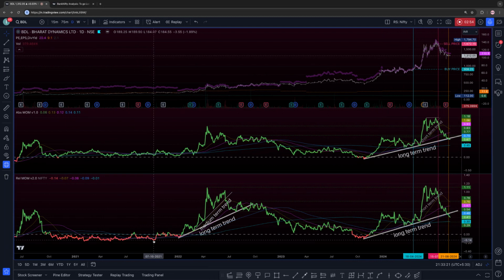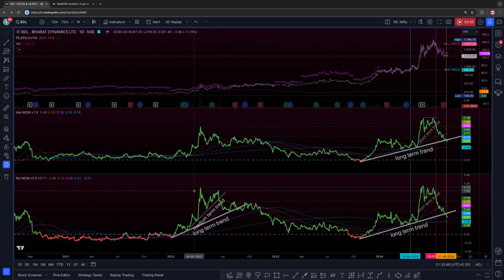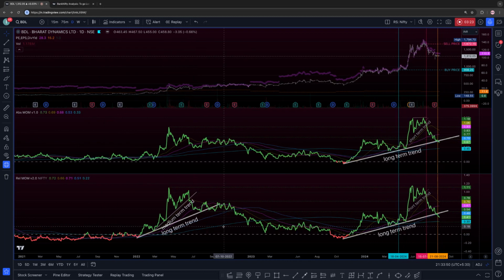So when it is red, it means you are relatively underperforming the Nifty, and also momentum is low. And if it's green, it's obviously doing better than Nifty. Not only that, you should also be looking at the trend of the relative momentum, whether it is trending down or trending up.